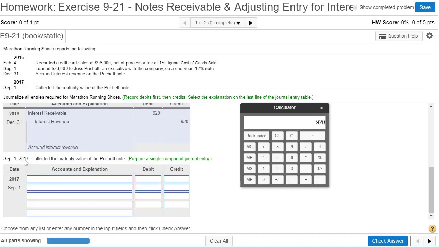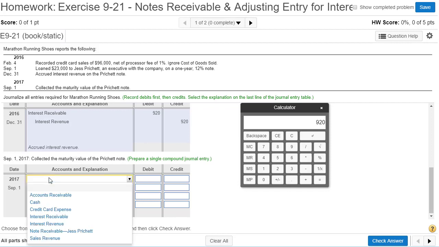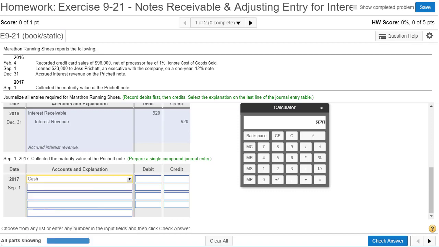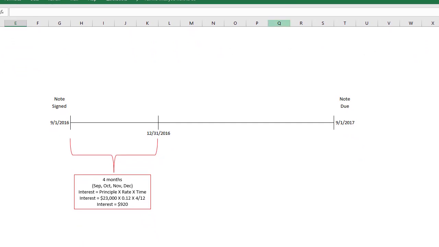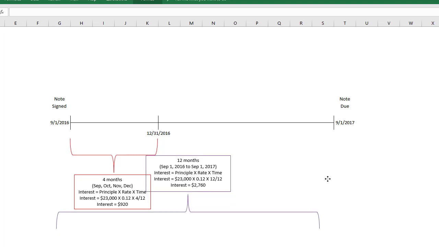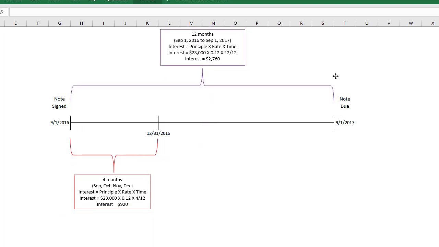All right. September 1st, collected the maturity value of the Pritchett note. So we're going to get some cash. Cha-ching! But how much cash are we going to get? Well, it's going to be the $23,000 of the note plus the interest. So let me bring my graphic up here.